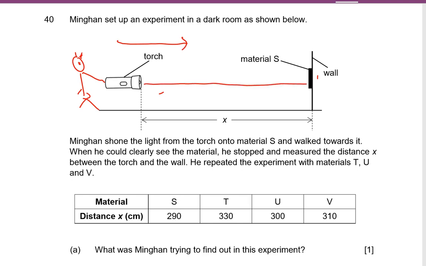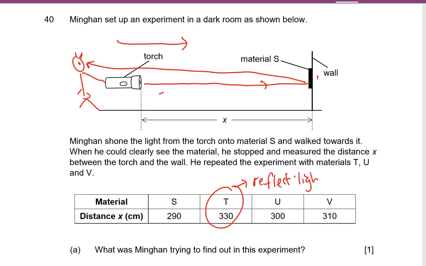The light source points and then reflects back to the person's eye, right? So of course, the person will have to record the distance at which the reflection starts taking place. So different materials were tested. Looking at this, T seems to be able to be seen from the furthest distance. So what does it tell us? It basically tells us it is able to reflect light from the furthest.